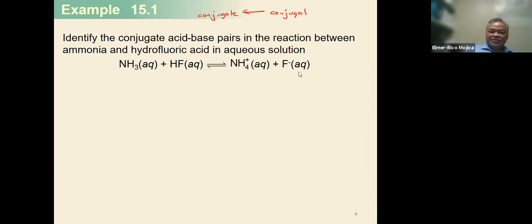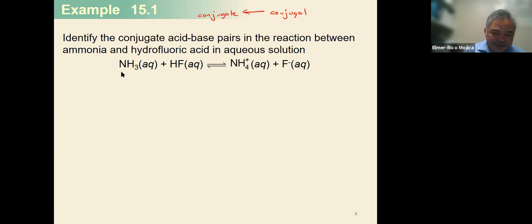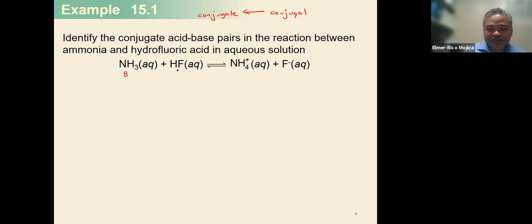So the way that you look at the conjugate acid and the conjugate base pair here is just how they're different with the hydrogen. So which is the acid here and which is the base? Wouldn't the base be NH3? Okay, so I put the base here, and this one is the acid.